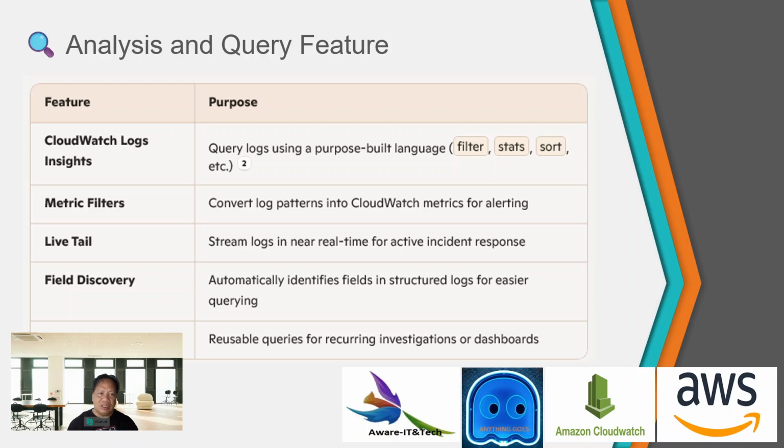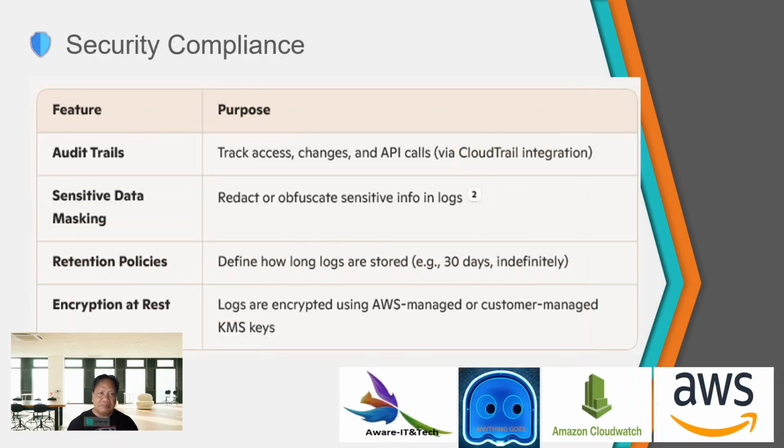And then for query analysis, we can use CloudWatch Logs Insights. We can have metrics, of course, as I mentioned, and we can keep track of our metrics and then trigger an alarm if it's beyond our threshold. And then field discovery, saved queries, things like that.